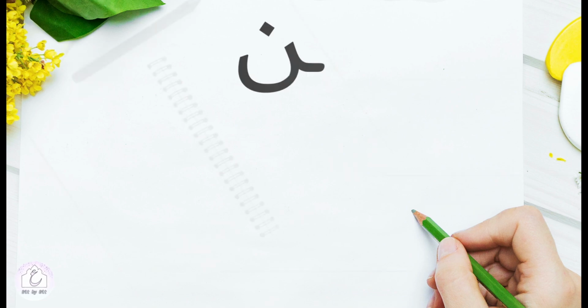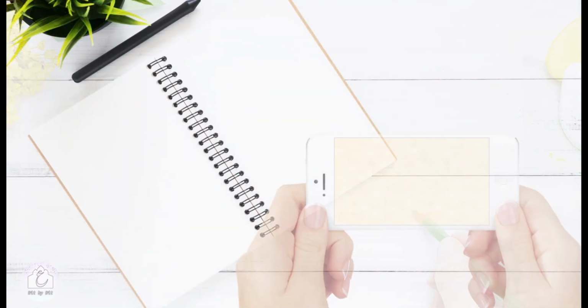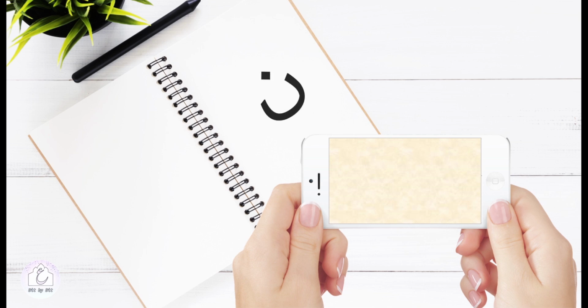Now, let's check some examples to see these different positions. In the initial position, Noon changes from the isolated form to pave the way for the following letter.